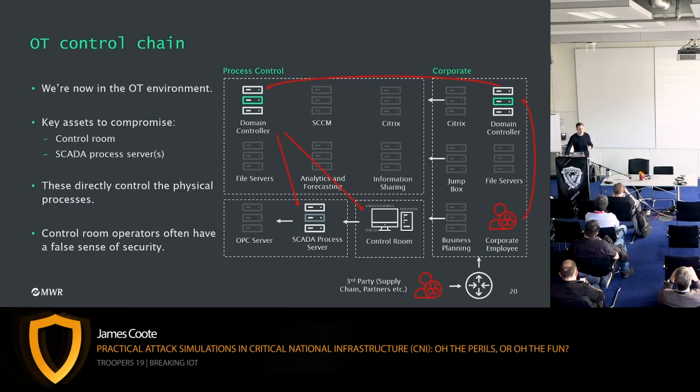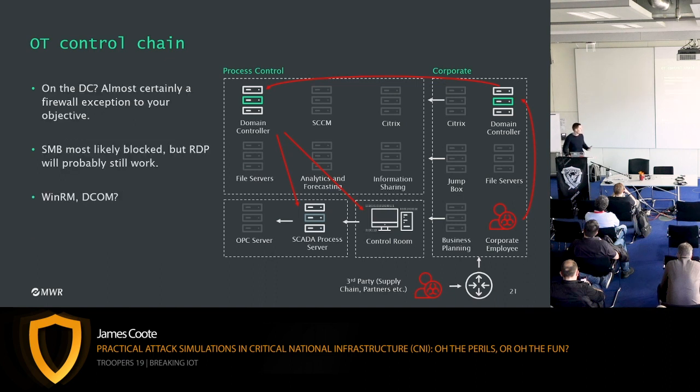They often share Active Directory accounts. In one instance, they were writing the usernames and passwords down next to their terminals. You would think they would have a higher security posture because of their role, but they have a false sense of security, and that can actually introduce security weaknesses that perhaps aren't there in the corporate environment.